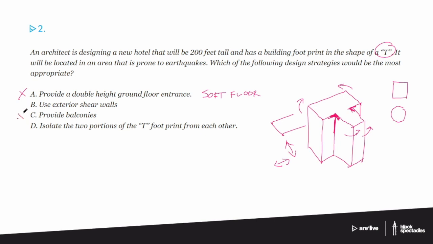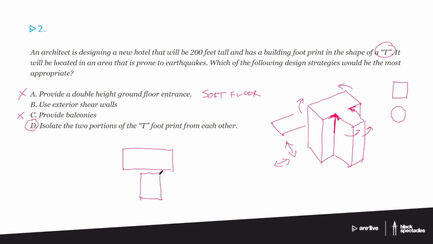All right. How about D? D is isolate 2 portions, and that is the answer. What you'll end up having structurally is 2 separate buildings. When we design, we'll look at each part of that T as 2 separate buildings. Why that's important for you architecturally is that you will have to make accommodations in the floors and in your exterior facade to hide that part.